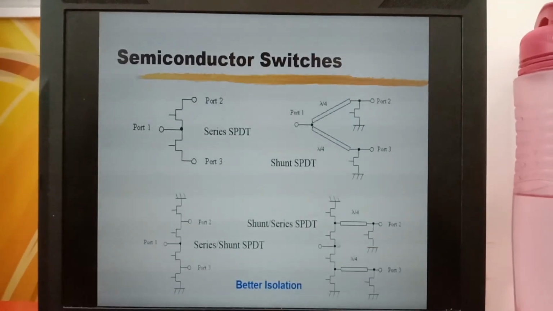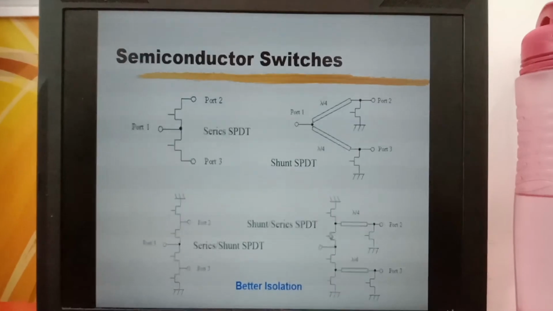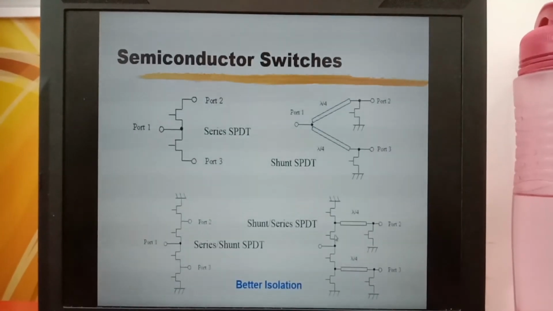So when the first transistor is turned off and the second transistor is turned on, signal is connected from port 1 to port 2 through the quarter wave transformer, and this transistor is turned off so that port 2 is not shorted to ground.